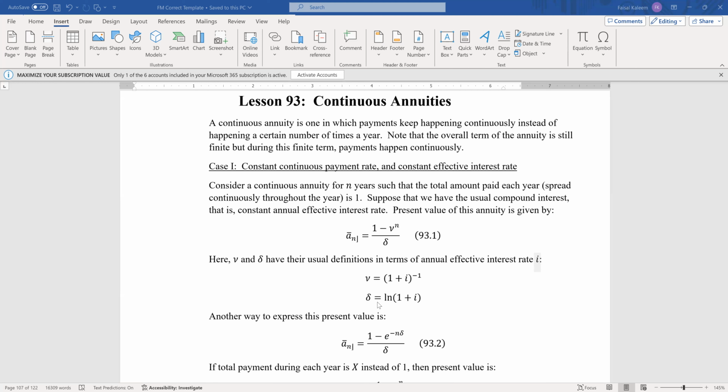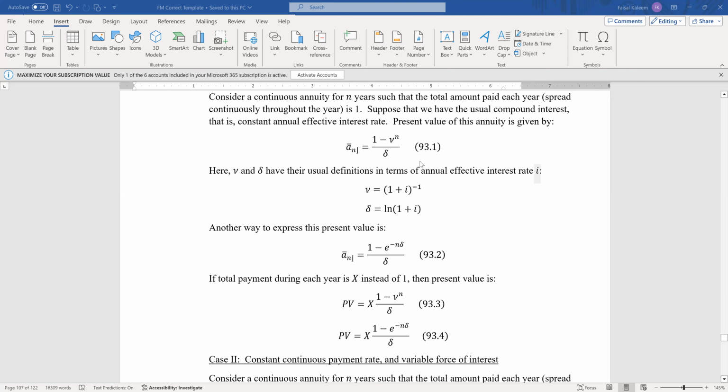Delta is the constant force of interest that corresponds to the constant annual effective rate, and delta is equal to ln(1 plus i). And nu is the discount factor we've seen many times before, 1 over (1 plus i). Another way of expressing this is all in terms of delta: (1 minus e to the negative n delta) over delta.